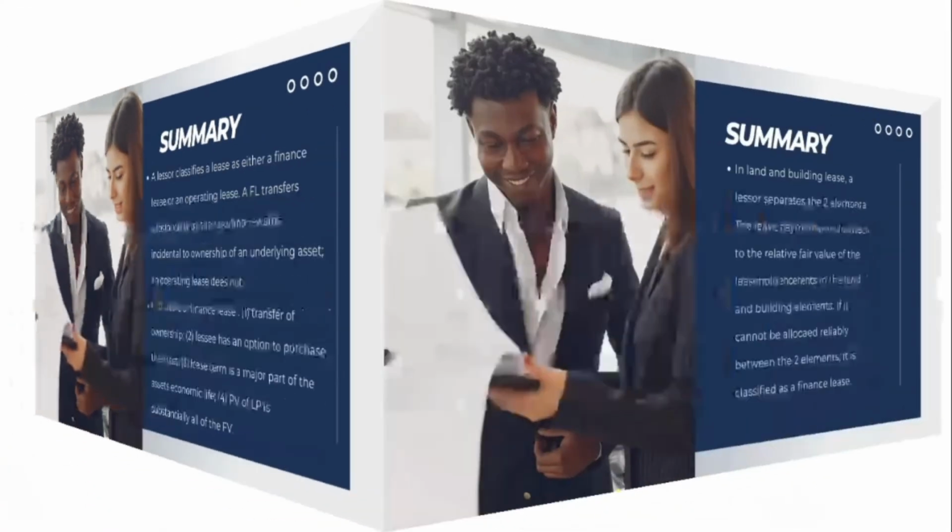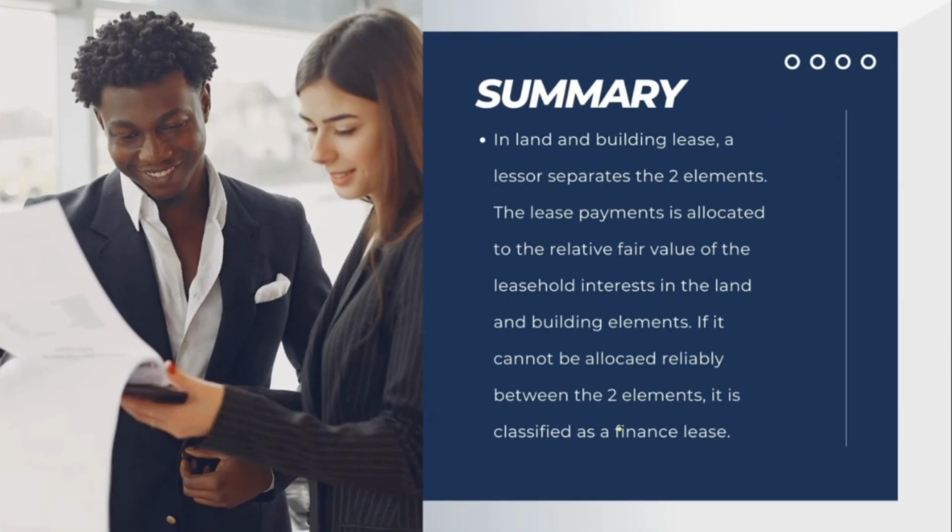Next. In land and building lease, a lessor separates the two elements, land and building. The lease payment is allocated to the relative fair value of the leasehold interest in the land and building elements. And if it cannot be allocated reliably between the two elements, then it is classified as finance lease.